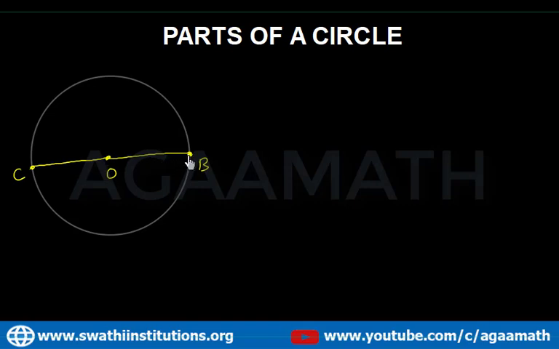Now how many radii can you see? OC is a radius, OB is a radius, and BC is a segment. This BC is called the diameter. What is the diameter? A segment which passes through the center of the circle is the diameter.